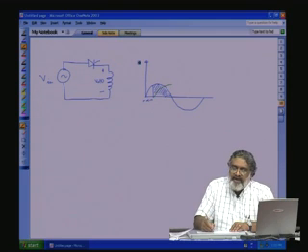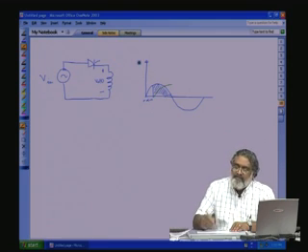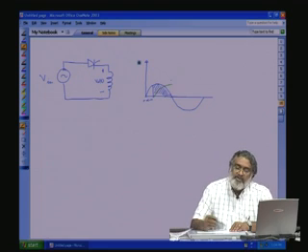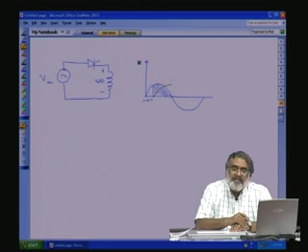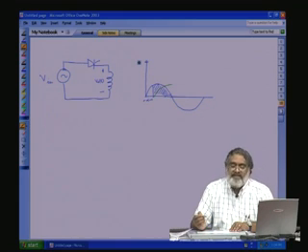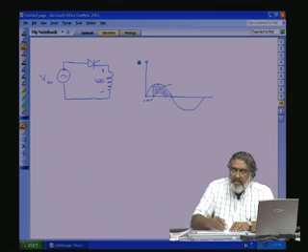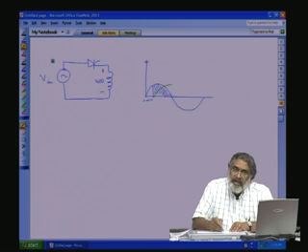At this point, when the voltage is equal to 0, there is a current in the inductance. So, the thyristor cannot switch off, because current through the inductance cannot be changed instantaneously. So, what will happen? The voltage will go negative while the thyristor is conducting. The whole voltage has to be supported across the inductive load.